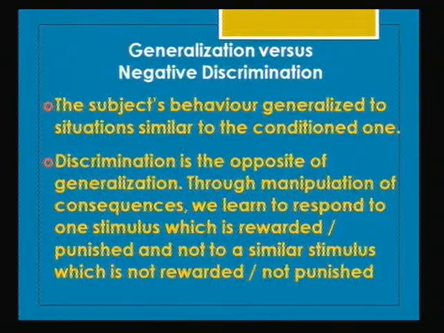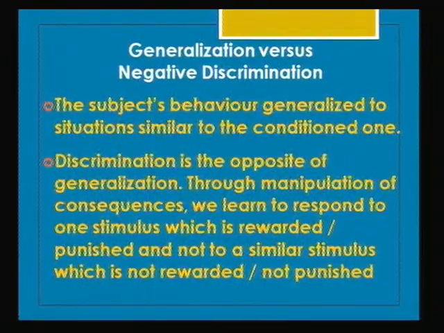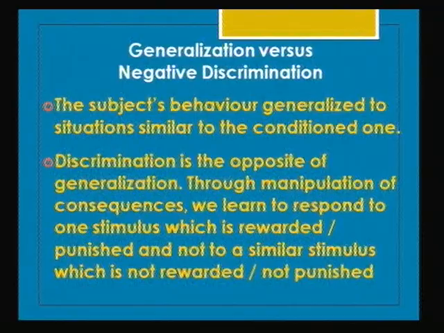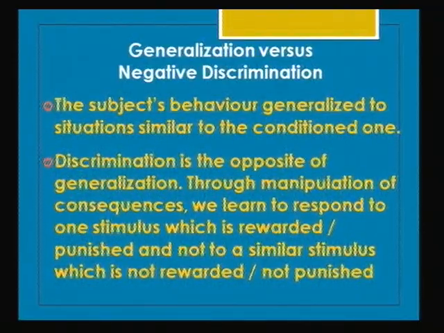But then we also need to discriminate because generalization is not the only thing. To discriminate, we have to learn the difference between two things. That can be done by giving reward to, say, the stimulus S and by giving punishment to the stimulus which is similar to S but we want to discriminate it from S, that is S1.